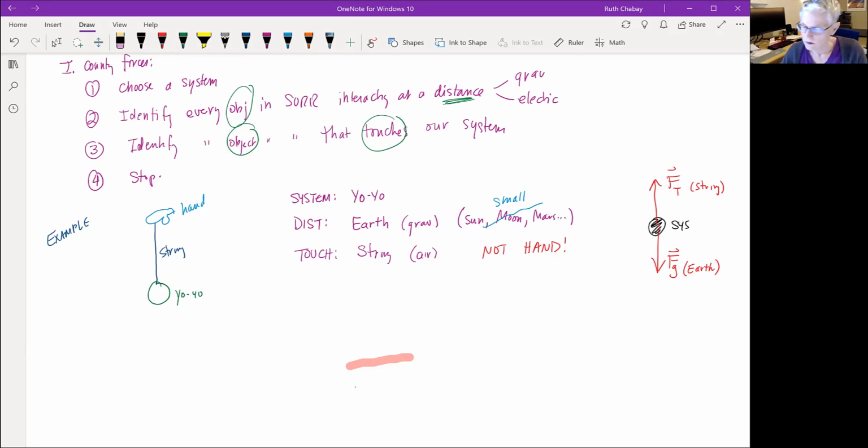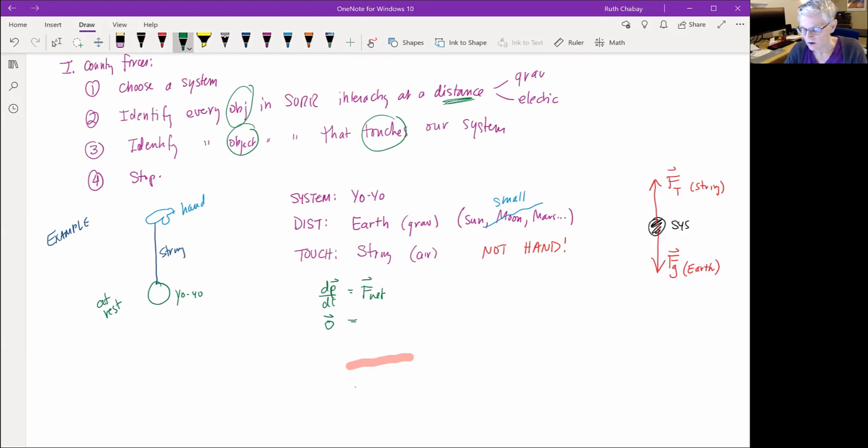So now we can do our analysis. We could solve for the tension force, for example, by starting with the momentum principle, dp dt equals F net. We know that the rate of change of momentum is 0 because this is just hanging there, so it's at rest.